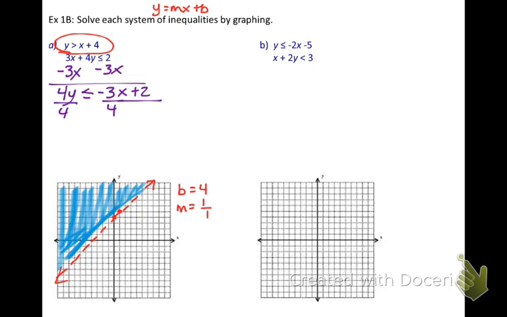I'm going to just put it throughout the whole thing here. So it's going to be y is less than or equal to negative 3/4 x plus a half. So b is a half, and m equals negative 3/4.